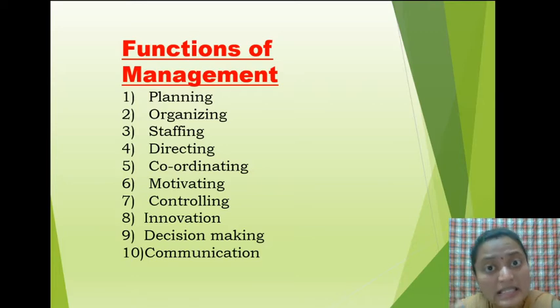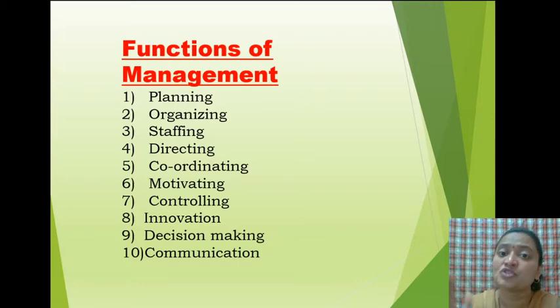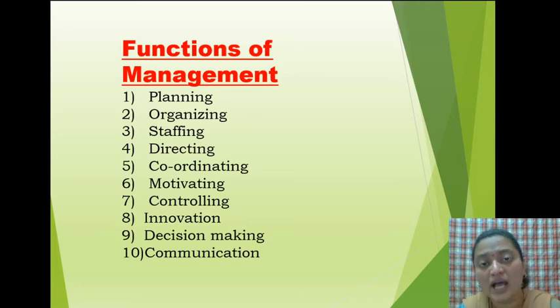Planning means deciding in advance, meaning before doing any task or undertaking any activity, planning is required. He has to decide in advance what has to be done, when it is to be done and how it has to be done. That is called planning. Without planning, it is not possible to do any task or activity, so proper planning has to be done. Planning means deciding in advance.